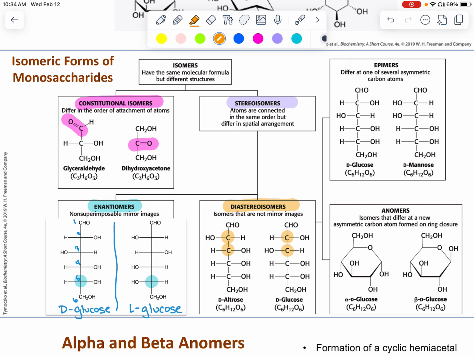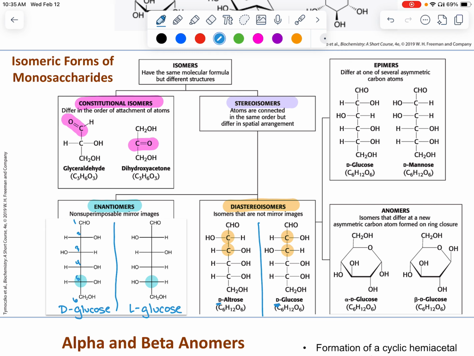Because those bottom 2 are the same, top 2 are not, if I was to put a mirror down the middle and fold those in, they would not be mirror images. So now I have same order of connection, different 3D arrangement, but not mirror images for diastereoisomers. You do not need to memorize these names. You should be able to figure out if they are D or L. Both of these are D actually.